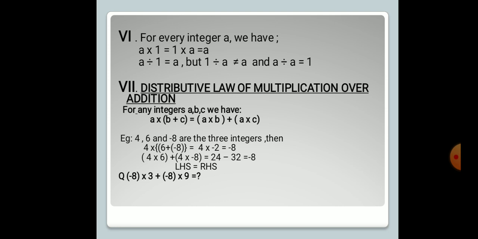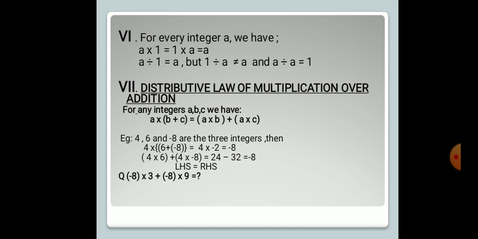Next, distributive law of multiplication over addition. Here we are taking 3 integers A, B and C. So, A into B plus C, where B plus C is inside the bracket, so whatever is outside the bracket, you have to multiply A with whatever is inside the bracket.